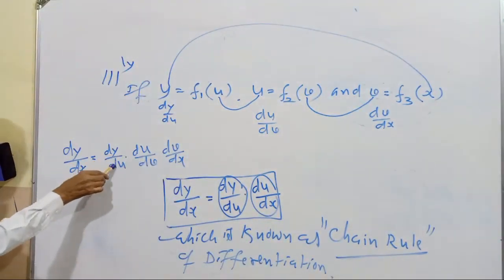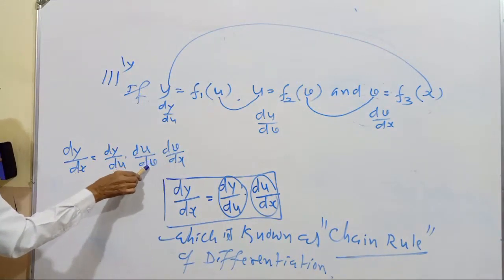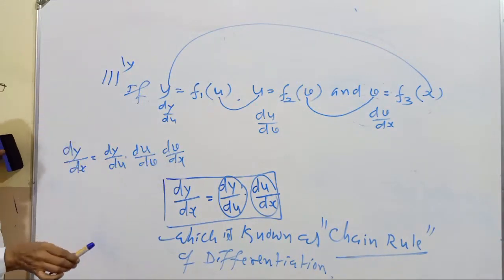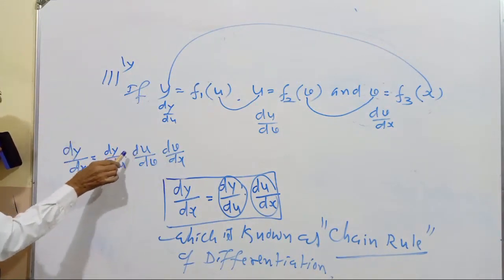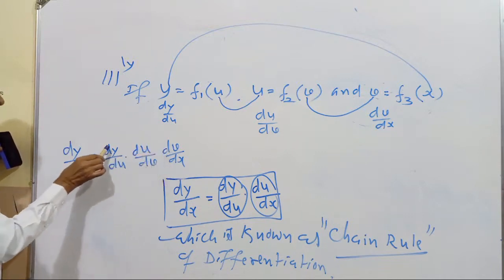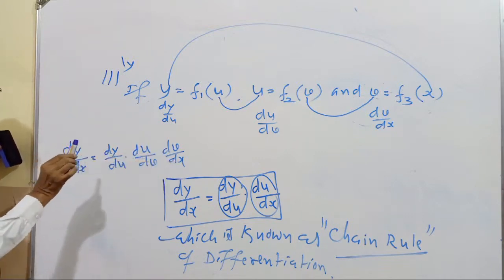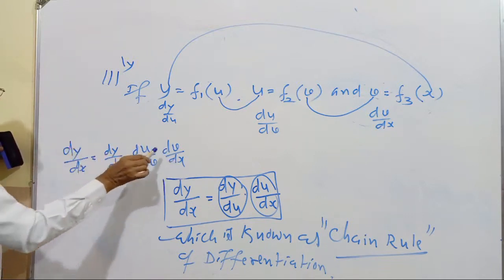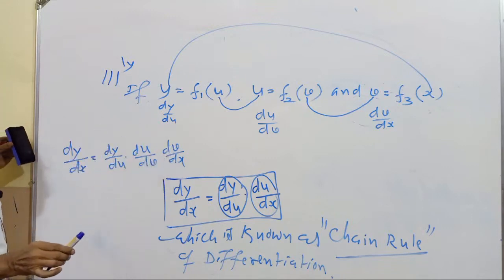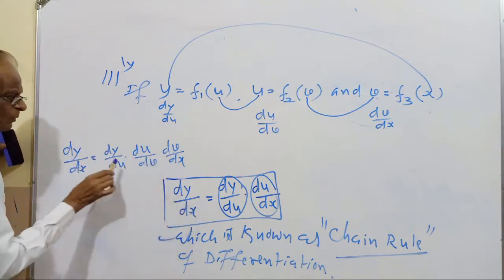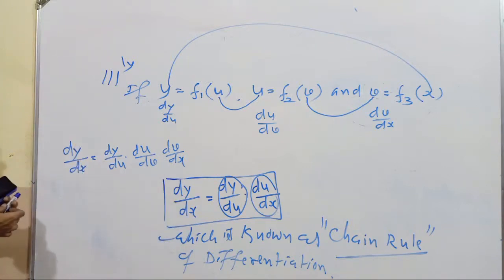Again du and du, dv and dv. It is called the chain rule because du with du, dv with dv, so that it is dy by dx. Again, du never cancels, dv never cancels. The same chain rule we have extended for one more function.